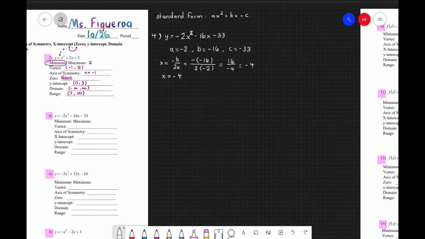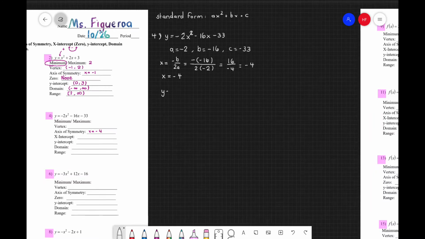So we just found that the axis of symmetry was x equals -4. So now I need to plug in my axis of symmetry value, that x value, in order to get my vertex. So I'm going to write that axis of symmetry real quick. So x equals -4. And now I'm going to plug in that x value to find what my y value would be.